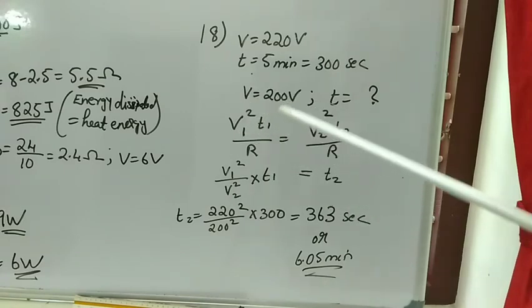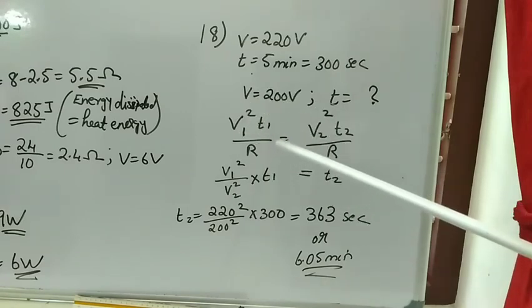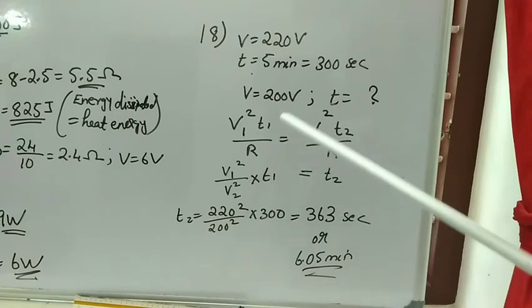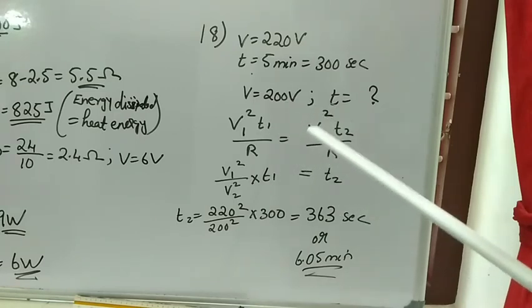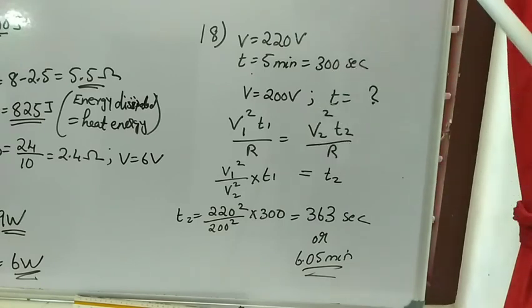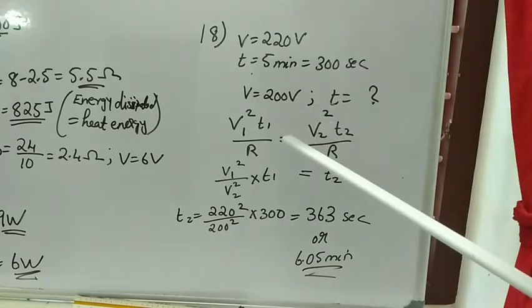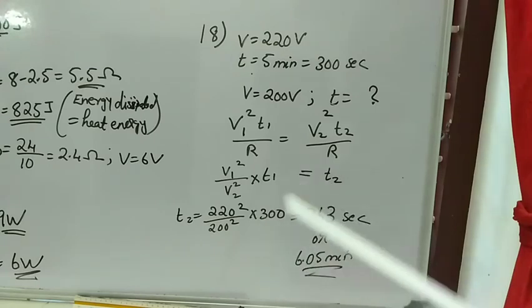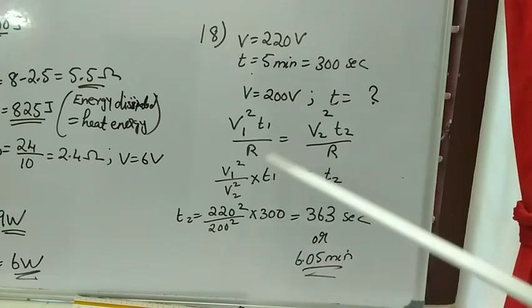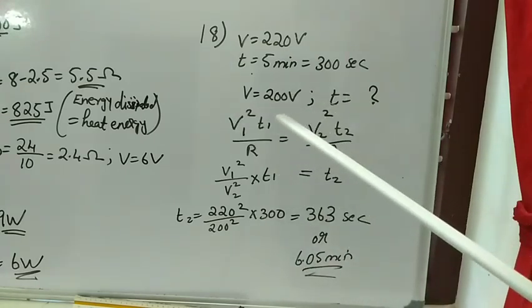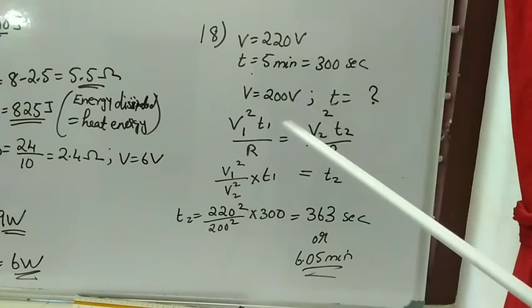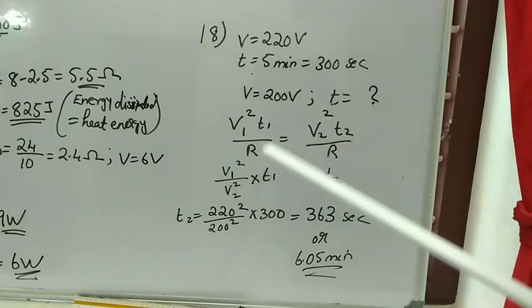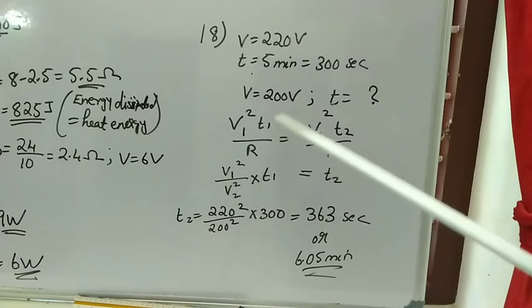For the electric heater, all electrical appliances have a fixed power rating, so power will be constant for a single heater. So we are taking the formula, power is equal to V square T by R. In both cases, since we are using one electric heater, power is a constant. That is why we are taking this formula.